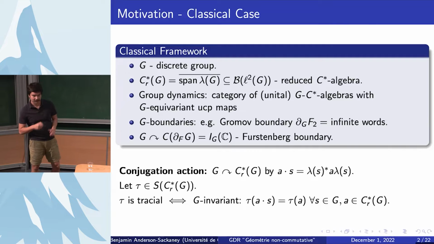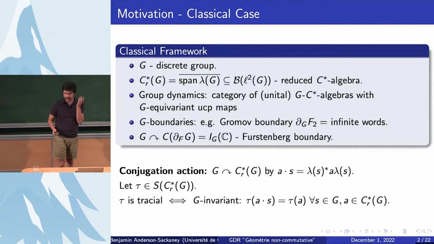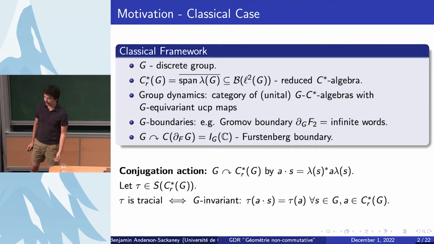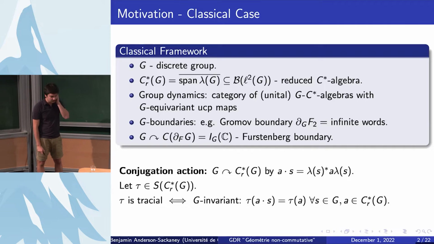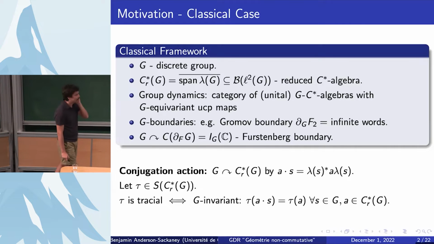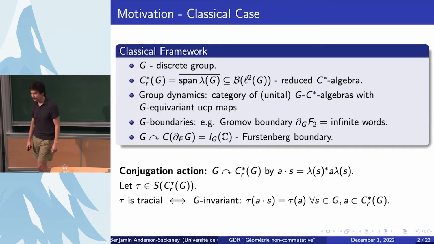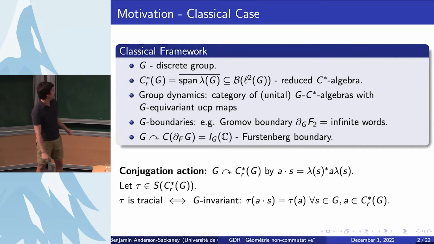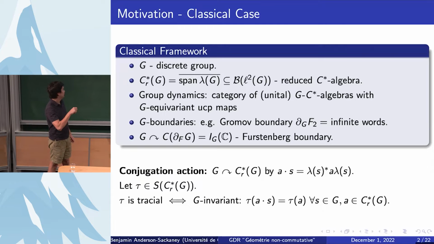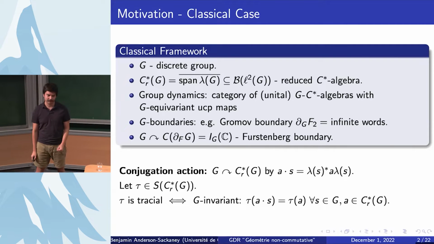There's a very particular G C-star algebra I'm interested in. It's the reduced C-star algebra. G acts on it by the conjugation action by the group unitaries. Now let's take a state on the reduced C-star algebra. I use this notation to denote the states on C-star algebras. It turns out that a state is tracial if and only if it's G-invariant, which means that it's invariant under this conjugation action on the reduced C-star algebra.